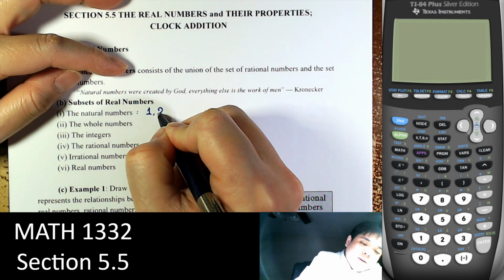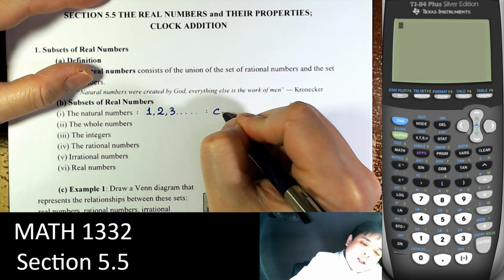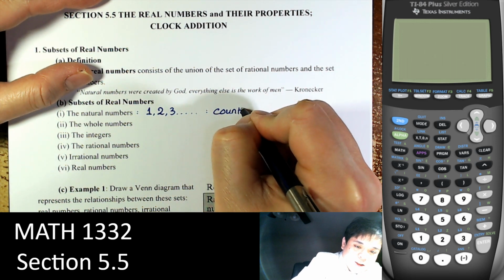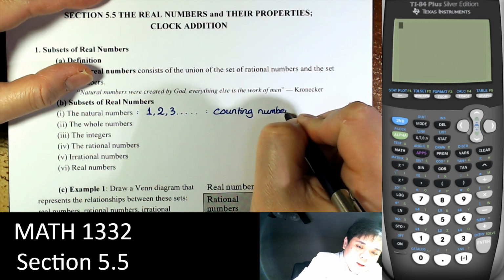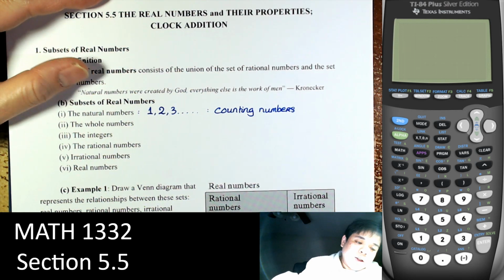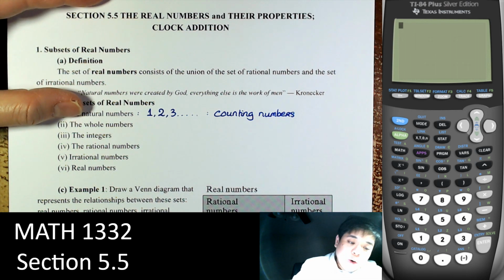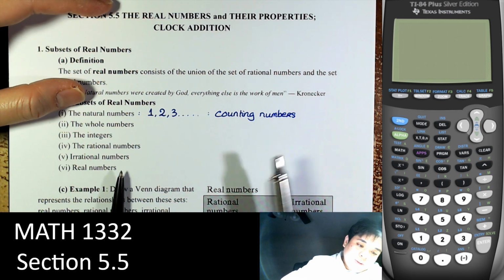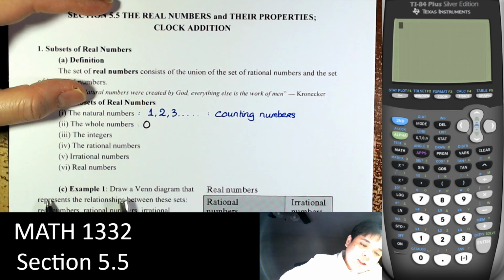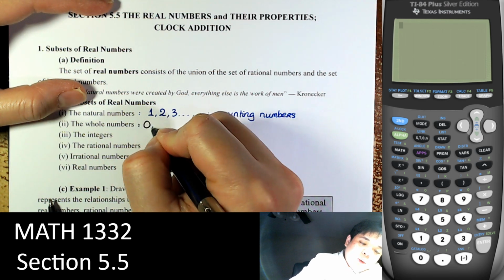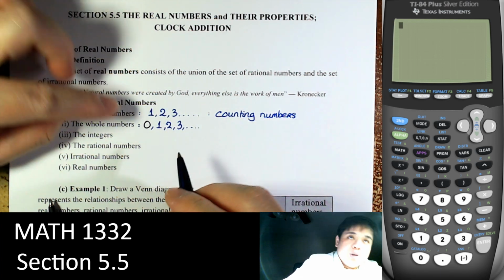is the set of counting numbers. So this is called a counting number. The whole numbers, those counting numbers, we're going to add 0 to it, to something we already have, just add 0.